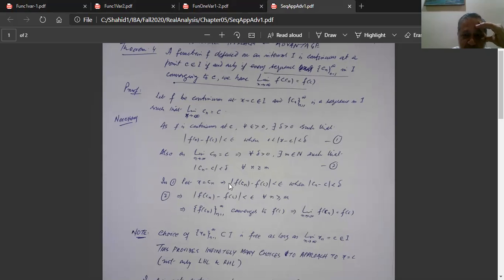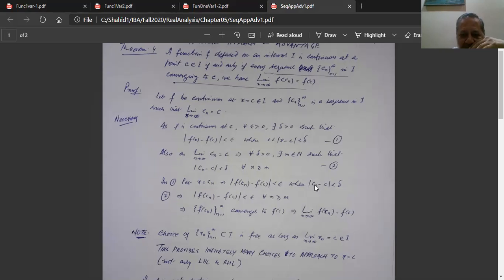So now the first condition becomes |f(cn) minus f(c)| is less than epsilon whenever |cn minus c| is less than delta. And the second means that this holds for all n except for the first few terms.